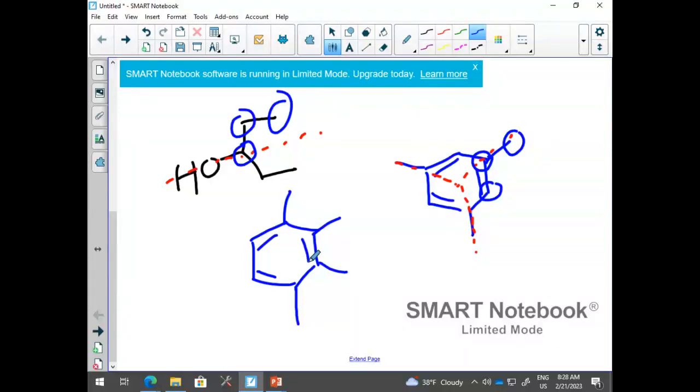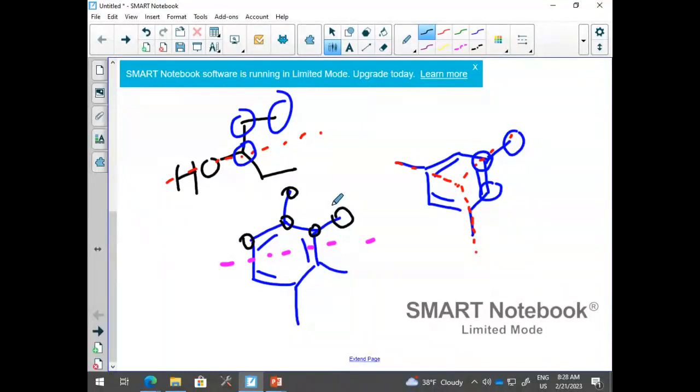Basically, you can have a mirror plane going through the middle of the molecule, with the top and bottom halves mirroring each other. So in this case, you just count a half. Basically, the top half will be sufficient. 1, 2, 3, 4, 5. You have 5 different carbons, 5 unique carbons.